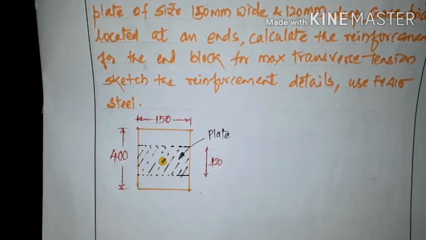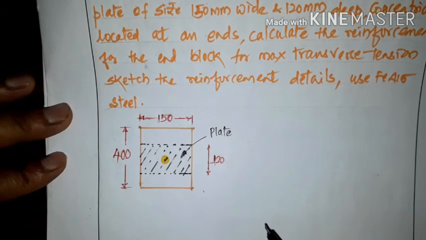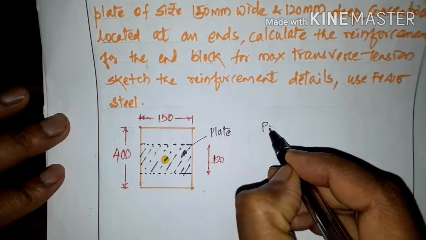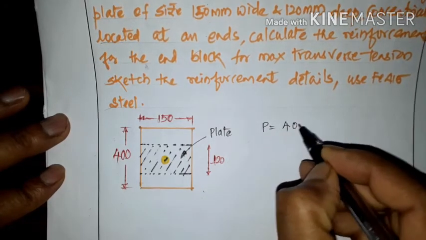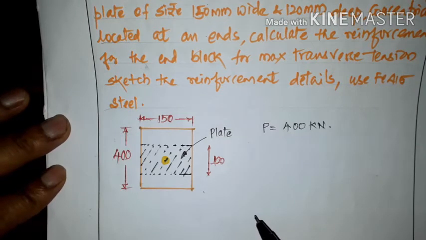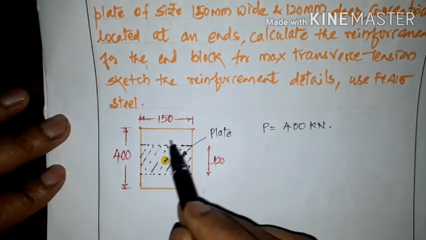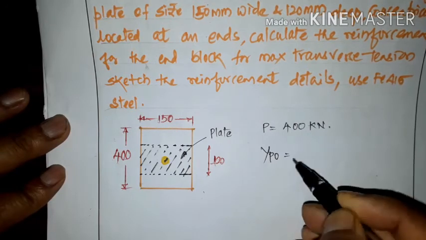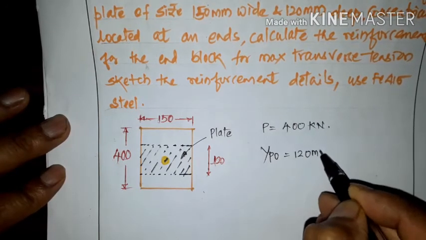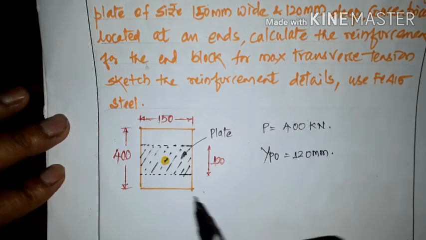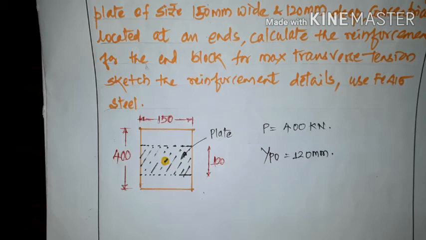The other given data: the pre-stressing force P is given as 400 kN, and the size of the plate is 120 mm deep, therefore Yp0 is given as 120 mm.